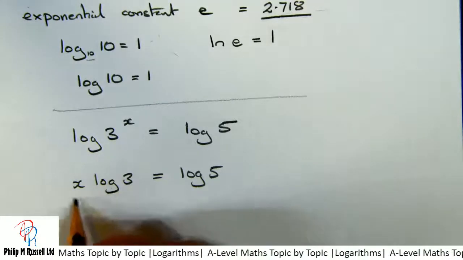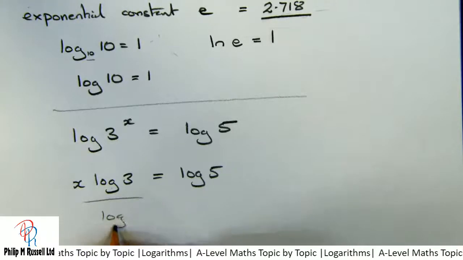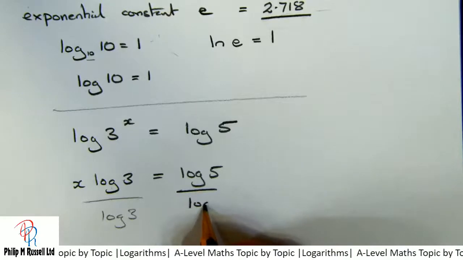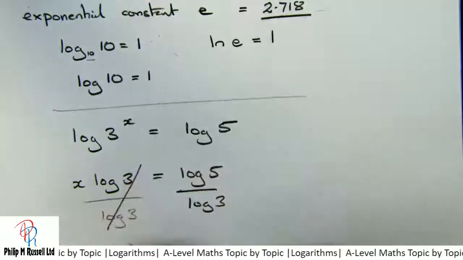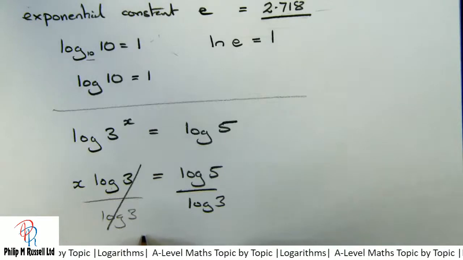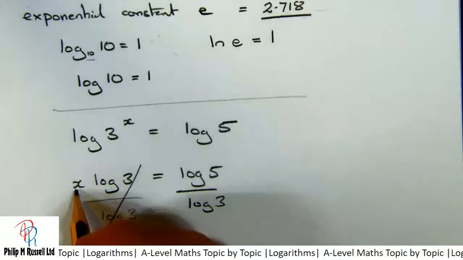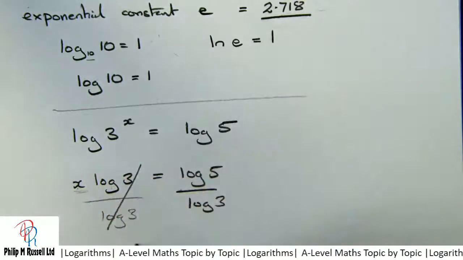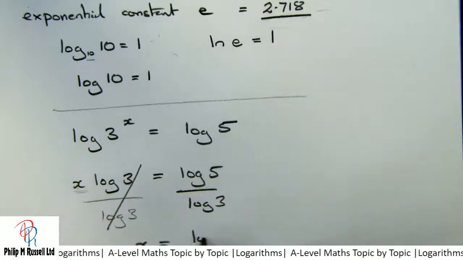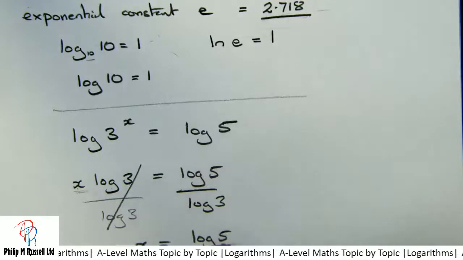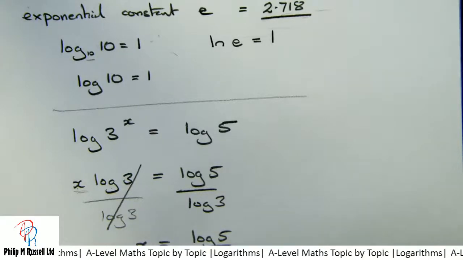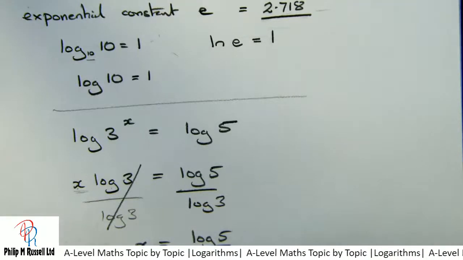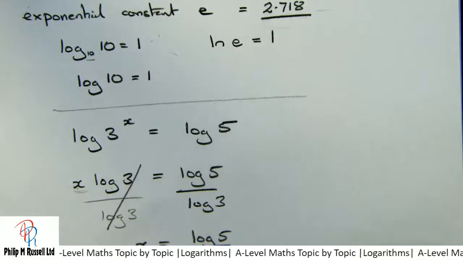This is more straightforward because I can now divide both sides by the log of 3. So I now have a way of simply working out what x is, and it's an easy way of saying that x here is going to be the log of 5, which we can put in the calculator, divided by the log of 3, both to the base 10. So we can look that up really easily.